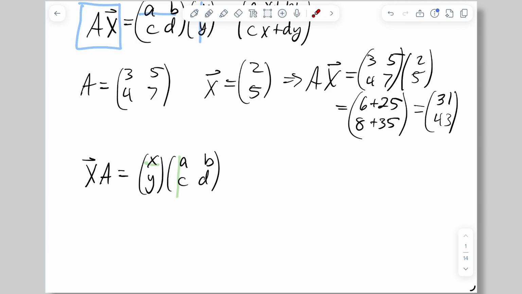There's only one entry in the first row. I could multiply that by a, but I have nothing left to multiply by c. The point here is the order in which we multiply matrices matters. We don't get to write them in whatever order we want.